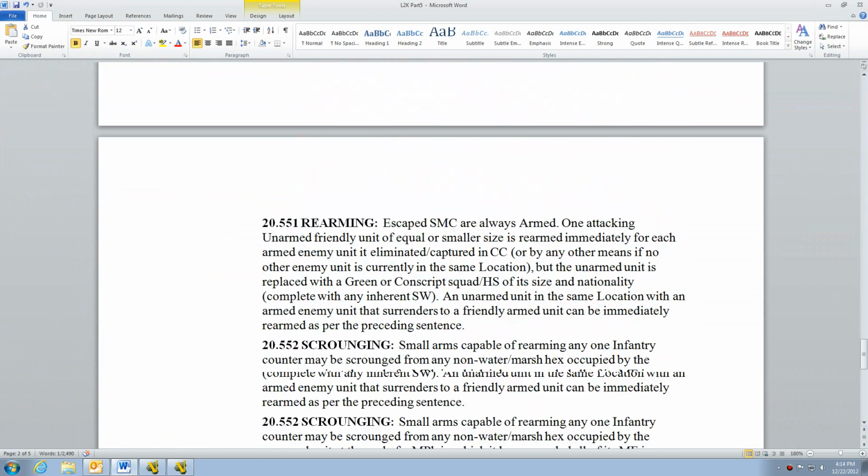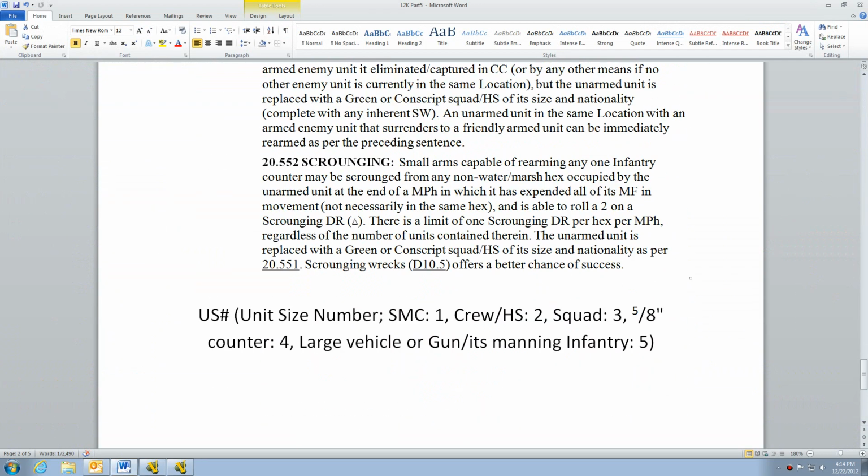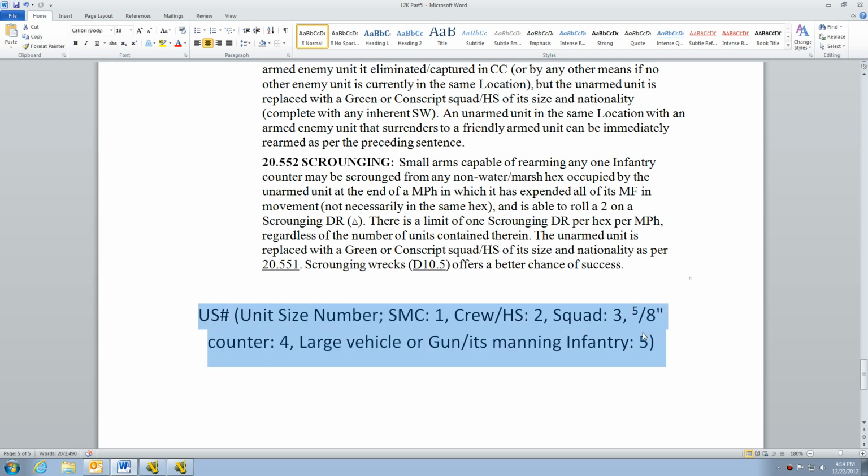If we look at, let's scroll down the bottom here, unit size, I'm sorry, not stacking limits, unit size. So you can hold up to 5 times its unit size number. So single man counters are 1, a crew, half squads are 2, squads are 3, 5/8 inch counters are 4, large vehicle guns and its manning infantries are 5. So basically a squad is a 3, a half squad is a 2, and a single man counter is a 1.